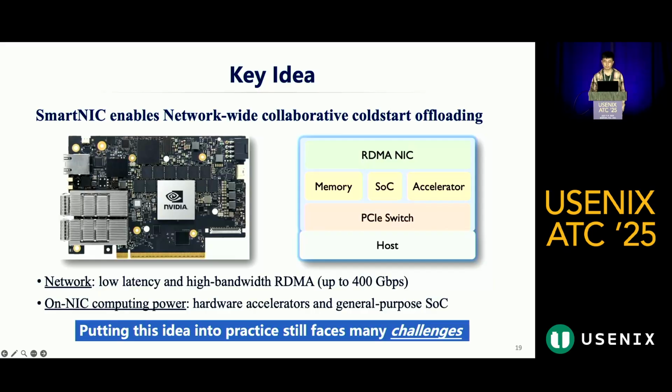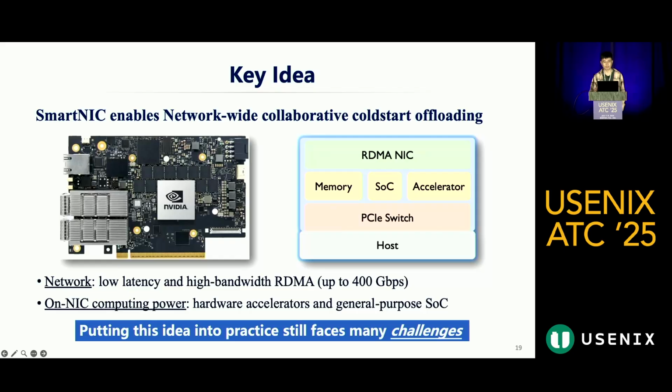The emergence of SmartNIC offers a promising new approach to tackle the cold start problem, which enables network-wide collaborative cold start offloading. As a widely deployed network device in modern data centers, SmartNICs are equipped with general-purpose SoCs and domain-specific hardware accelerators.